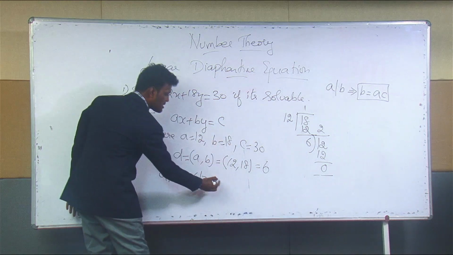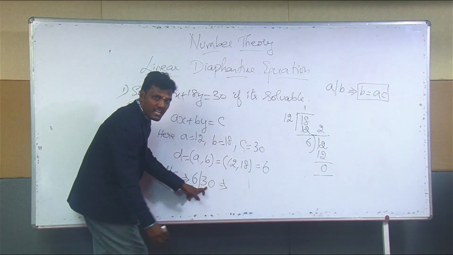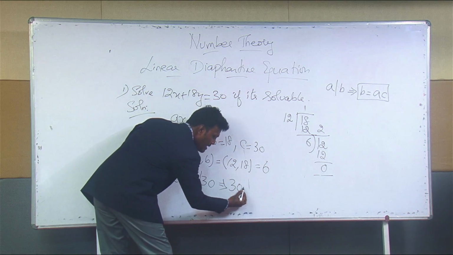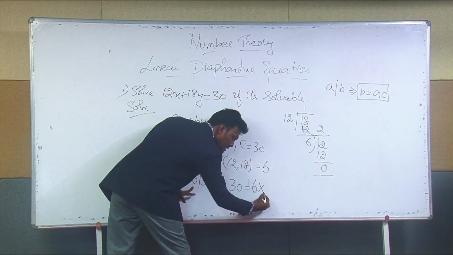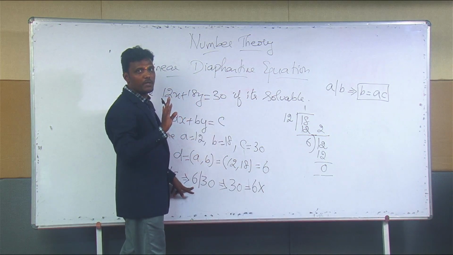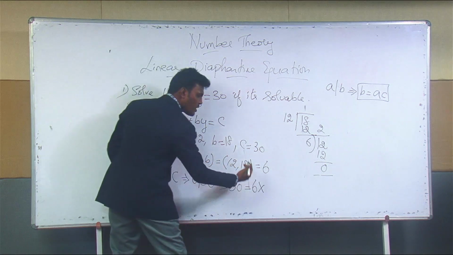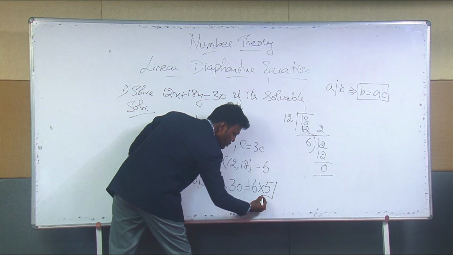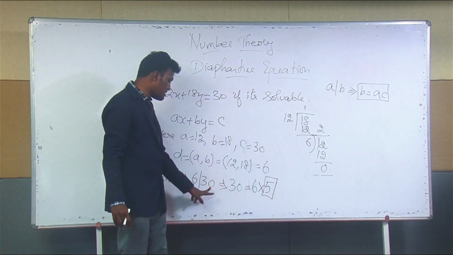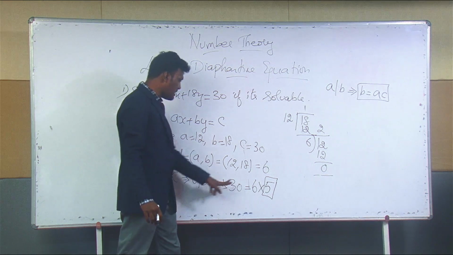So how do we check it? The second number 30 can be expressed as the first term into some other integer. It should not be a fraction, it should be an integer, plus or minus. So the value will be 5. You can express 30 as 6 into 5.